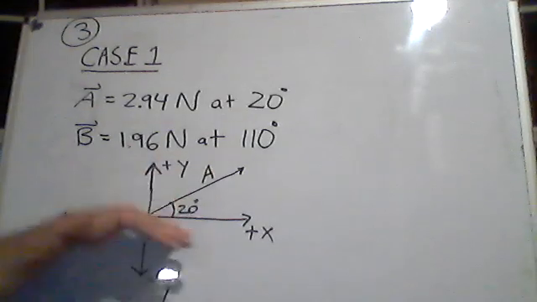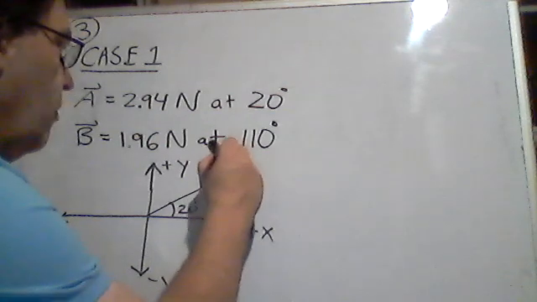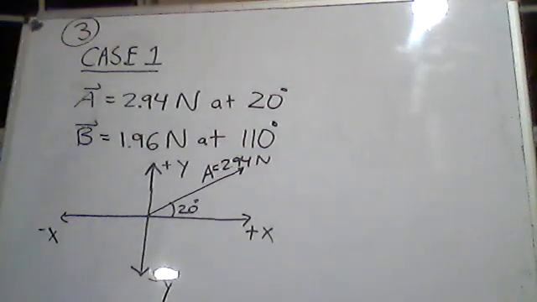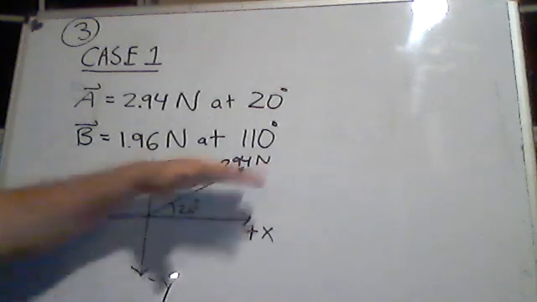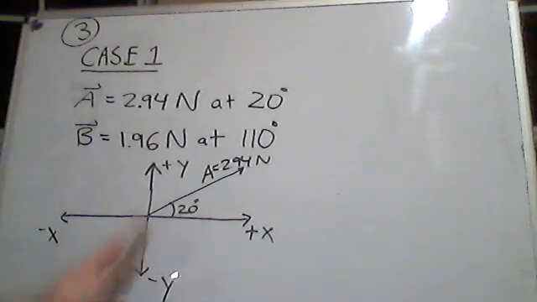It's going to be that size, 2.94 newtons. Again, these are forces. Forces are vectors. Really, we're going to look at vectors in a mathematical sense, so it more or less doesn't matter what they are yet, because we haven't even studied forces. That's a chapter 4 concept. But a vector is a vector, and force is an example of a vector.